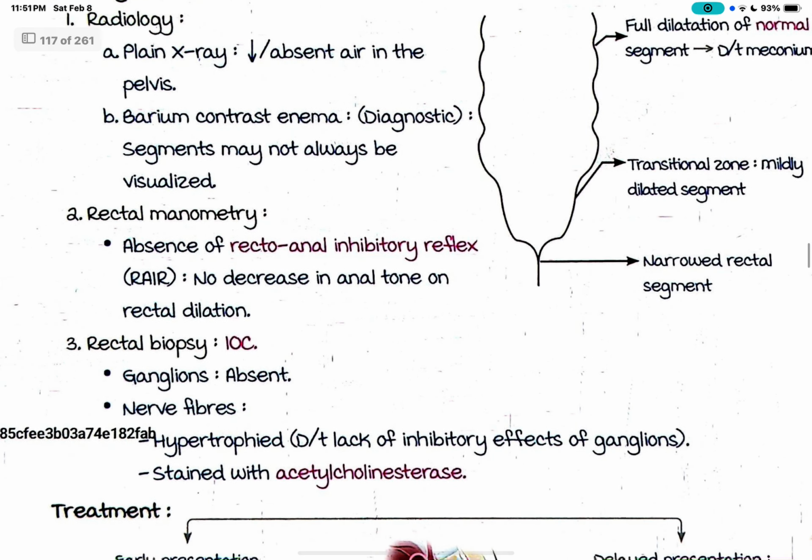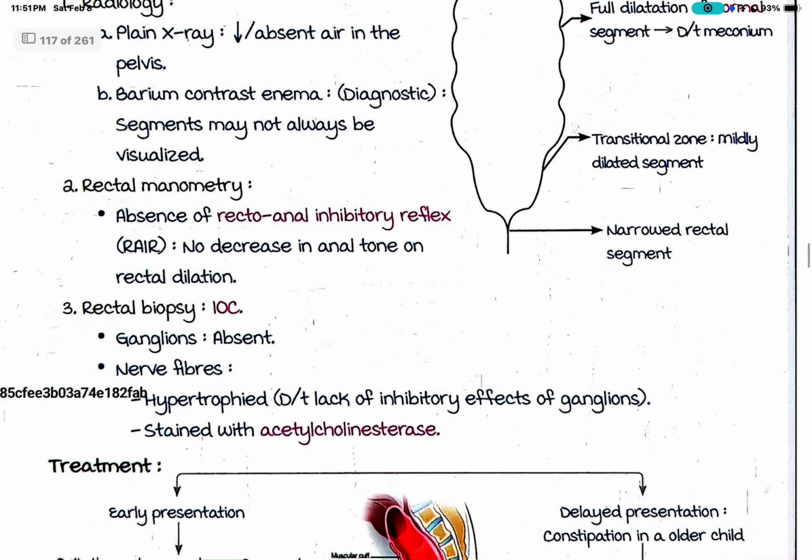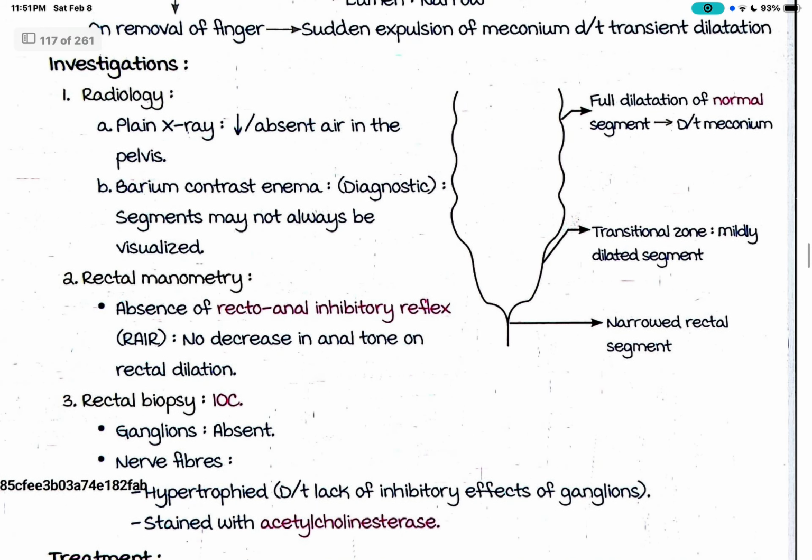Rectal biopsy is the investigation of choice. There will be no ganglions, only nerve fibers. Nerve fibers are hypertrophied due to lack of inhibitory effects from ganglions, and they stain with acetylcholinesterase.